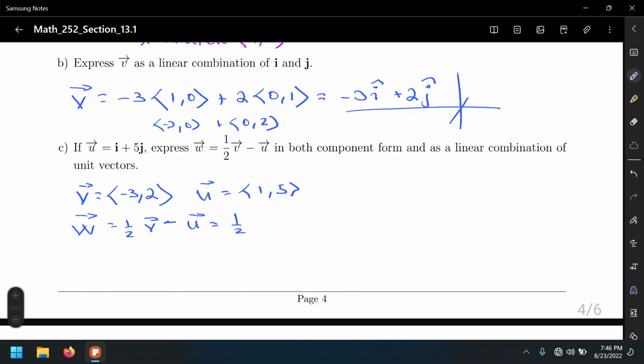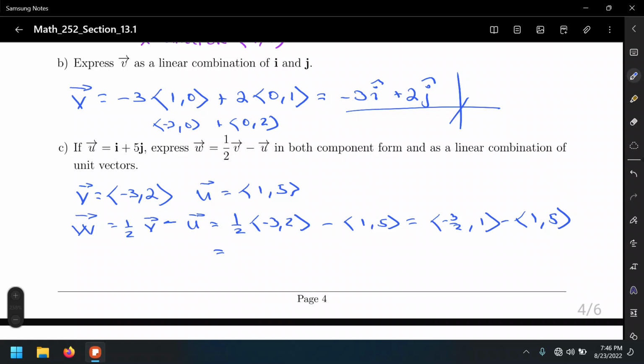So w, which is 1/2 v minus u, is 1/2 vector v, which is -3, 2, minus 1, 5. And all we do is multiply each component in the first vector by 1/2, and then whatever we get, subtract 1, 5. So that's going to be -3/2, 2 times 1/2 is 1, minus 1, comma 5.